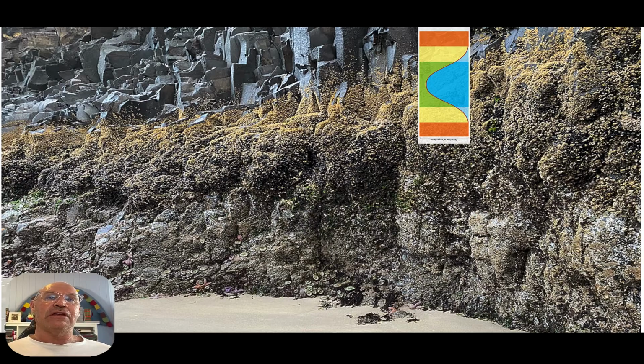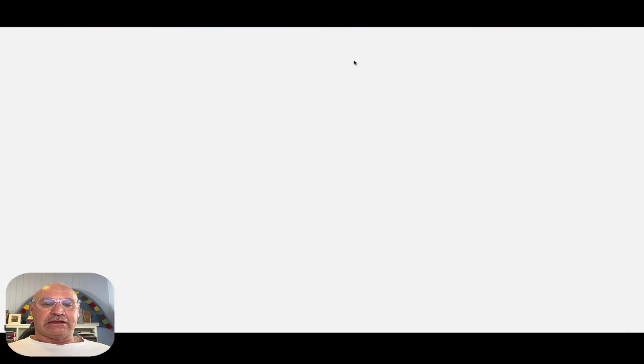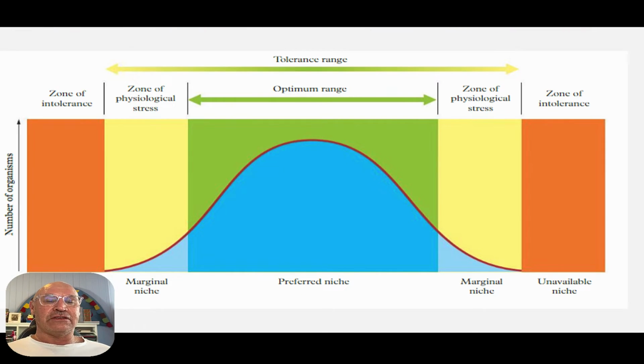And this is because the conditions are more challenging. So if we have a look at that, you can see that it's a bell curve. Most organisms are going to live in what we can call a preferred niche, where the abiotic and biotic factors are optimal.